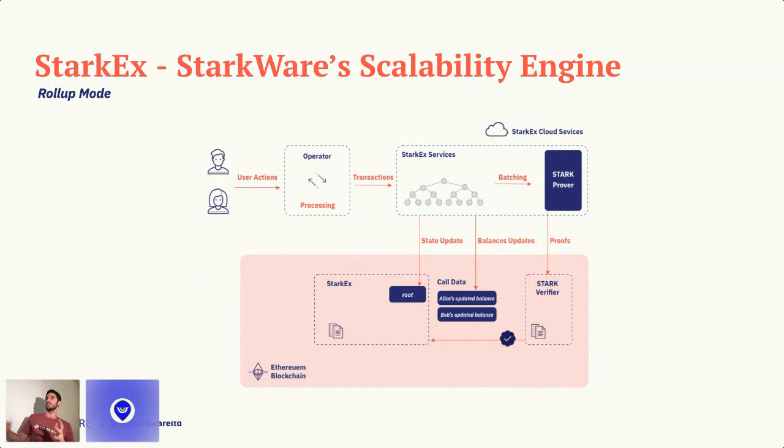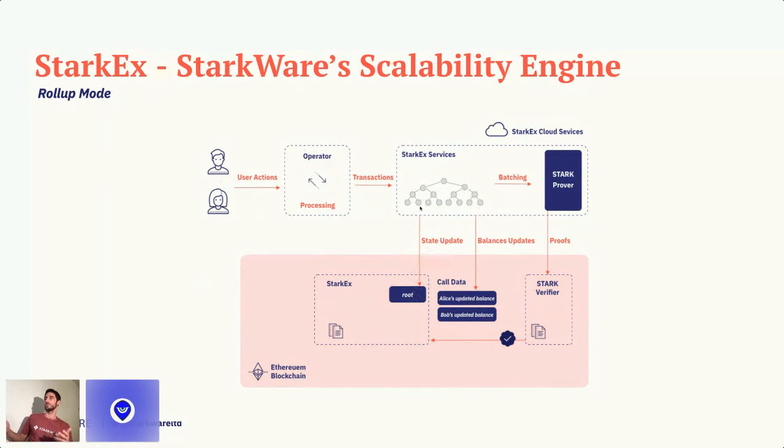Generally speaking, how we do it: here we have Ethereum, and we have some off-chain services. StarkX maintains its state off-chain, and on-chain we have only a commitment to the state, a root, and we push state updates to this commitment, representing state updates in the off-chain state.